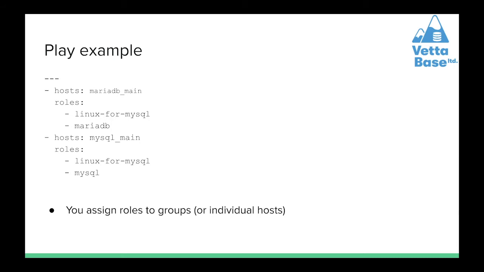Because it does things that are needed both for MariaDB and for MySQL. So for example, it can create the proper file system, disable swappiness or set it to a very low value, and so on. And then we have two separate roles, one for MariaDB and one for MySQL.